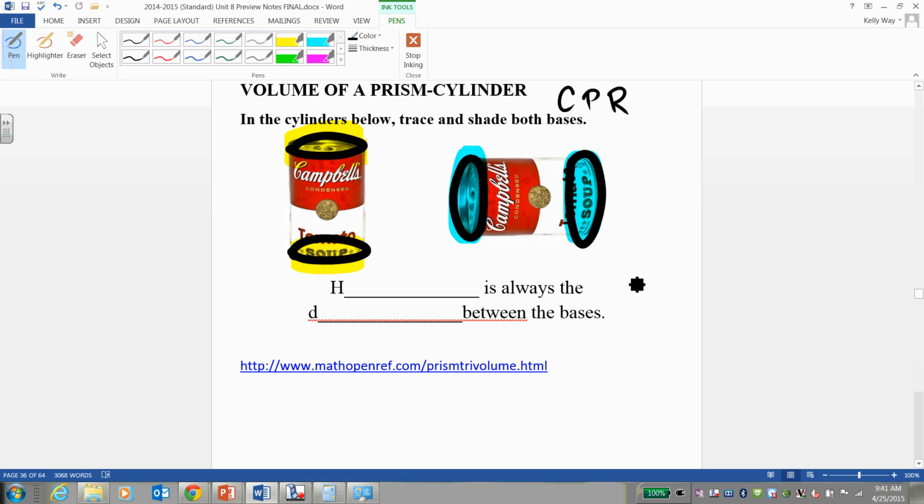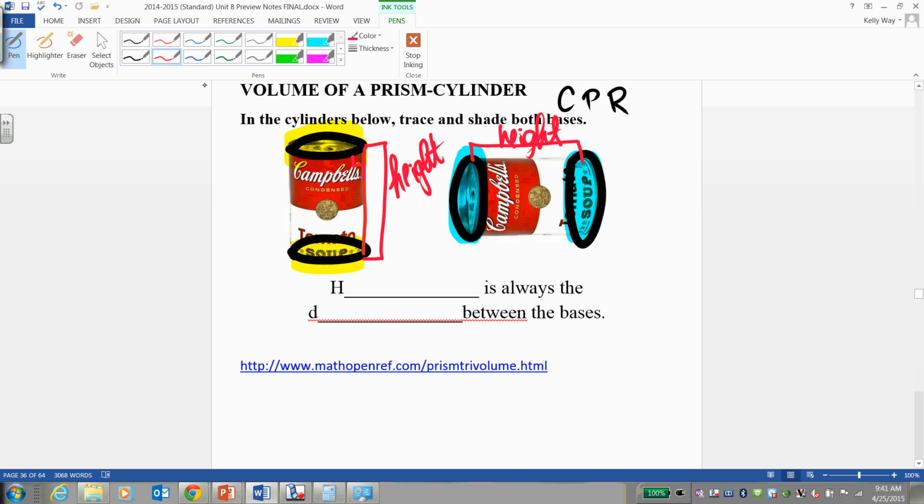Those are the bases, so darken them or shade them. Height is always the distance between the bases. It's really important you understand that, and it's also perpendicular to the base. So if you draw that, it makes a right angle with the bases. So height is not vertical.